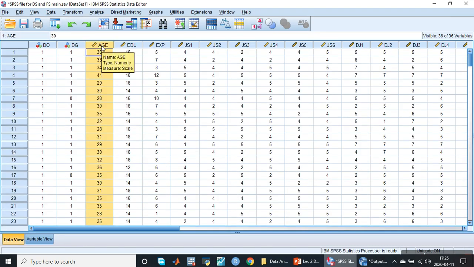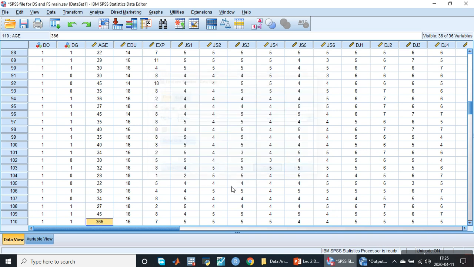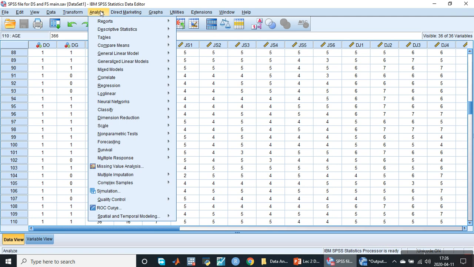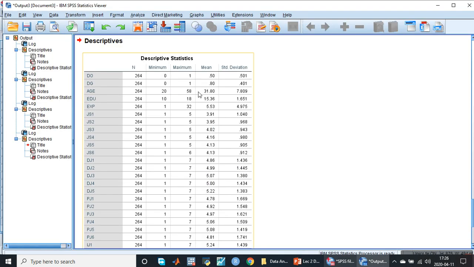In age, Control F, and write 366. Find next. So this is the error, and we will correct it to 36. Save it and do the analysis again. Descriptive statistics, descriptives, and click on OK. Now the maximum value for the age is 58 and the minimum value is 20.